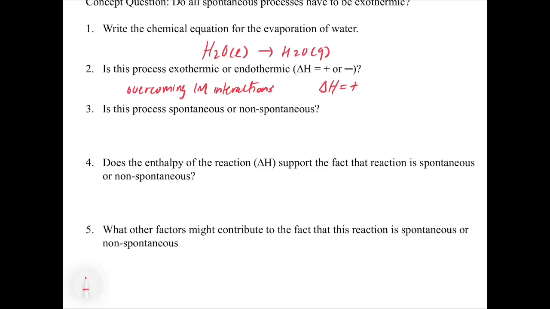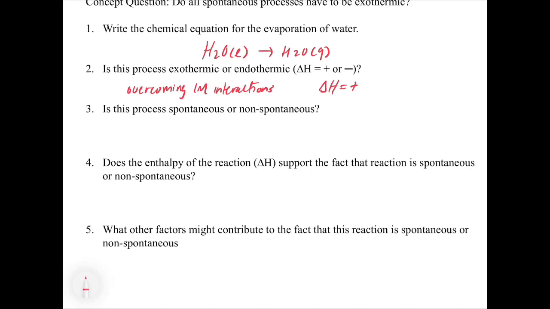Now here's the important question. A lot of you would say, well, if the delta H is positive, then boiling water is not spontaneous. You have to apply an external force to make it boil. You have to put it on a hot plate.